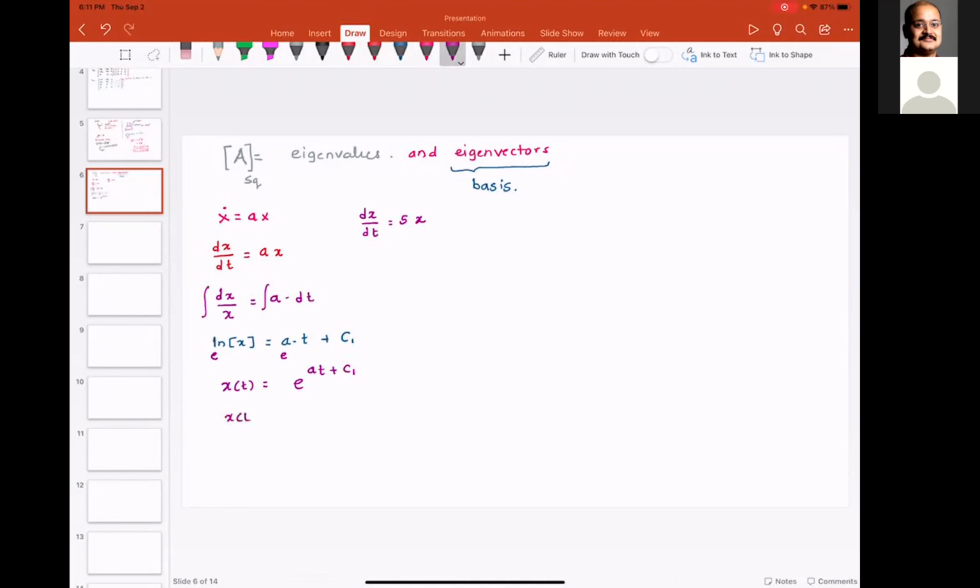In other words, x of t is equal to e to the at multiplied by e to the c1. Now please note, e to the c1 is a constant, so I'm going to call this a naught, and x of t can be written as a naught e to the at. Do you agree with me?